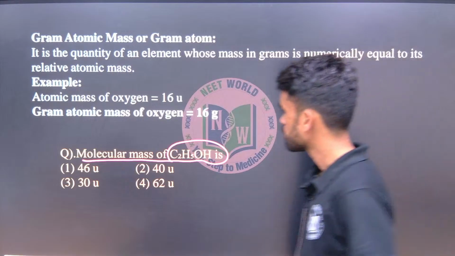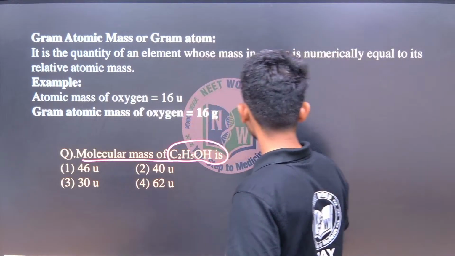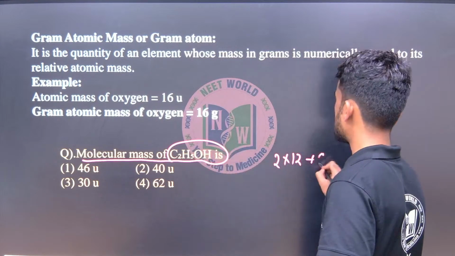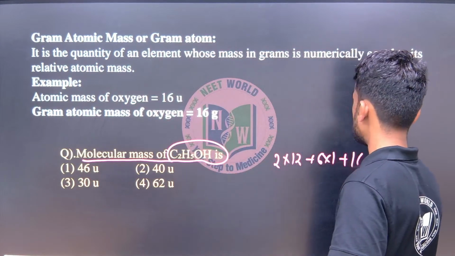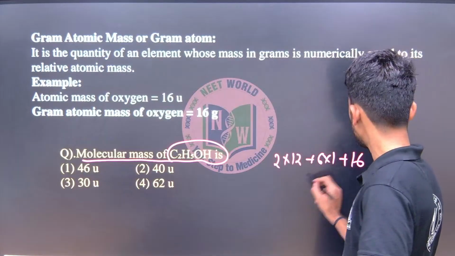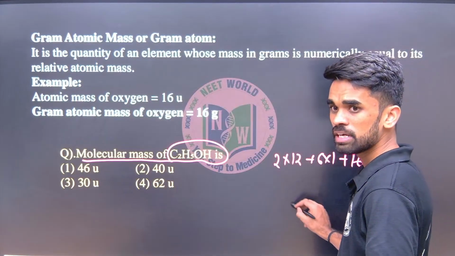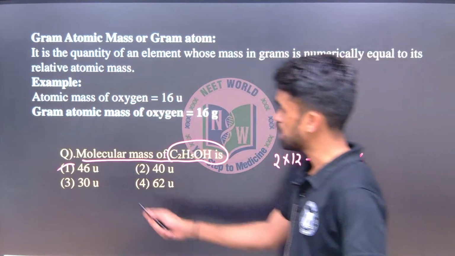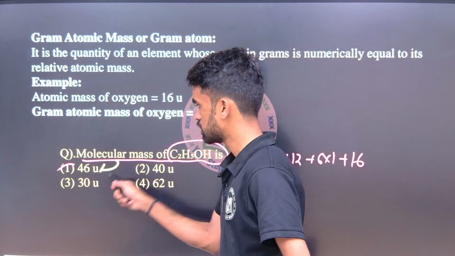Forty-six. Okay, so how are you getting it? 2 into 12, very simple, plus 6 hydrogens, 6 into 1, plus 16. So 24 plus 6 is 30, plus 16 is 46. So your first option will be your answer. Okay, this is molecular mass.